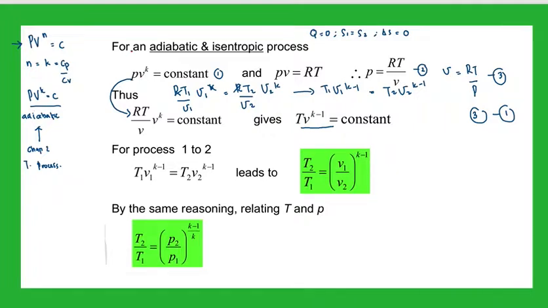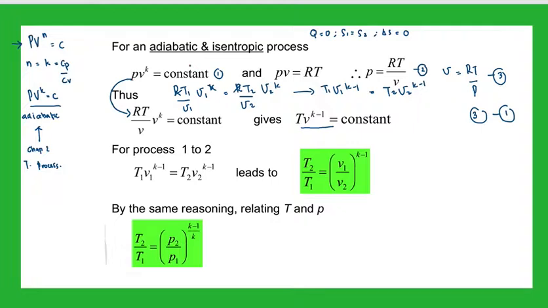For an adiabatic and isentropic process, Q is equal to 0 and the isentropic process is represented as S1 equal to S2, entropy 1 equal to entropy 2, or delta S equal to 0.